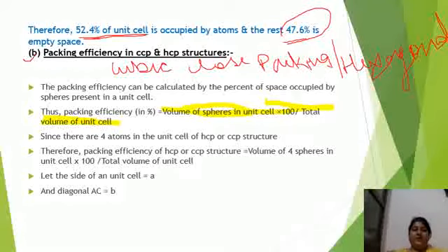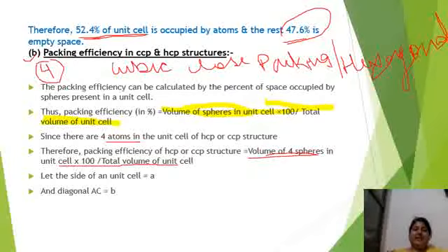We all know very well that this type is FCC, and in FCC the number of atoms is 4. So now the formula will be the volume of 4 spheres divided by total volume of unit cell.